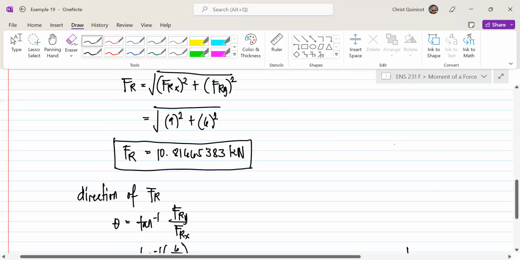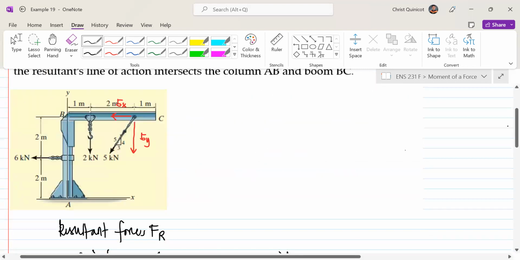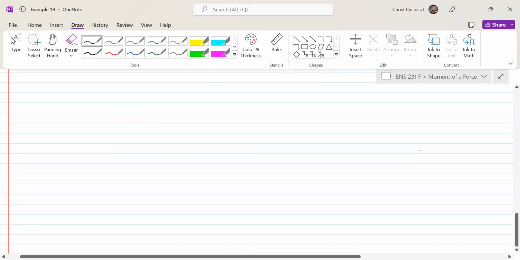Now, like example 18, we are also tasked to find the distances where it intersects the column AB and boom BC. So what we're going to do is copy our structure. This is our column A to B, and this is our boom BC.